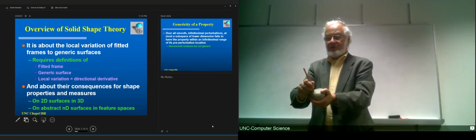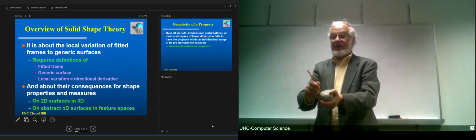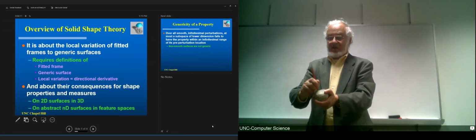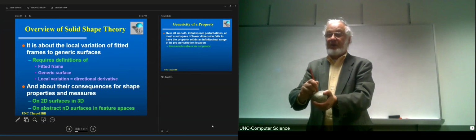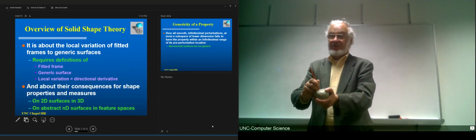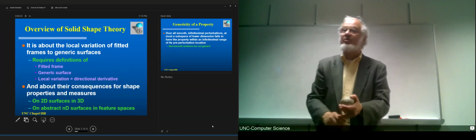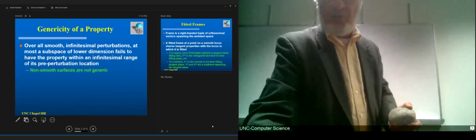So we can walk off in this direction, or we can walk off in that direction, and we can walk in any direction from the point around 360 degrees. And as we walk in that direction, the normal will vary, it will swing. We're going to be interested in the behavior of the swing of the normal as we walk along the surface, as another example.